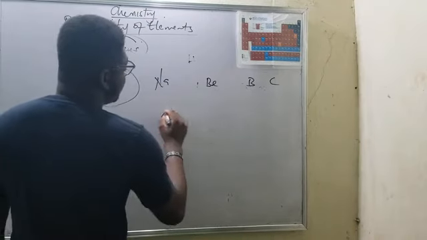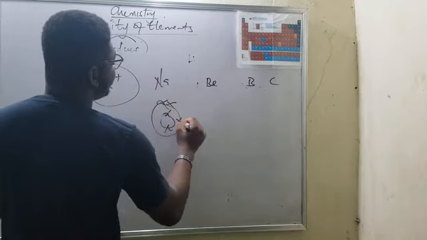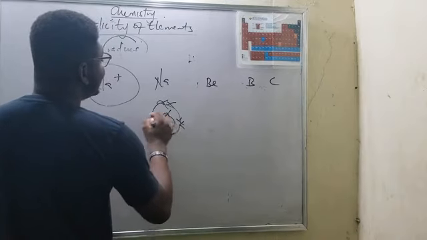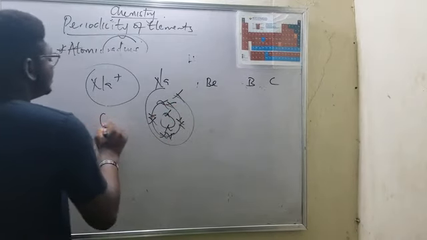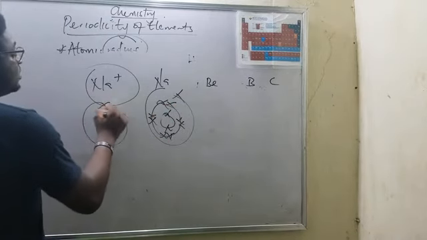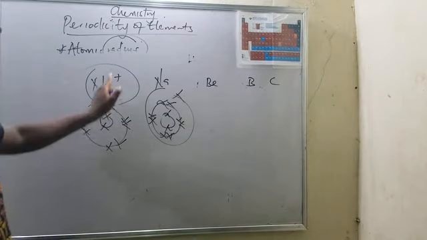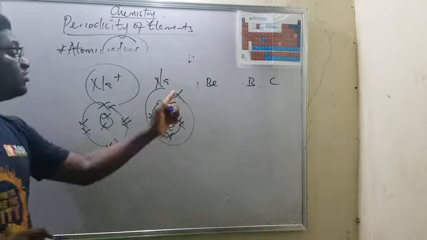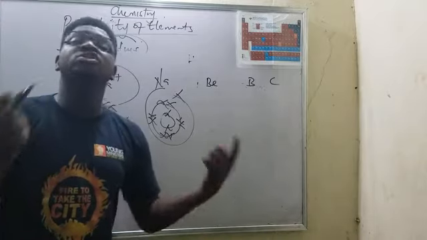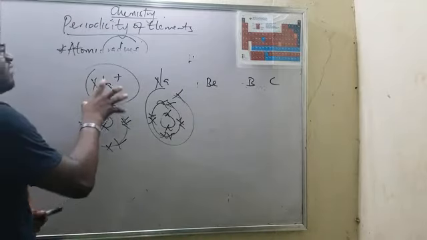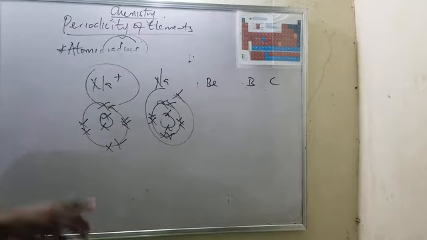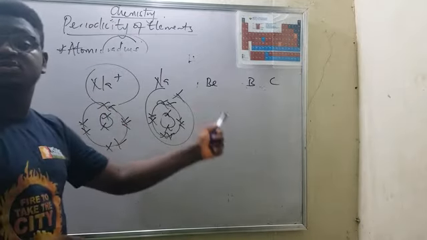Here we have 1, 2, 3, 4, 5, 6, 7, 8, 9, 10, 11, but here we just have 1, 2, 3, 4, 5, 6, 7, 8, 9, 10. One electron is lost, and because that electron is lost, there is the loss of one shell already. So this has a smaller atomic radius than the corresponding atom.